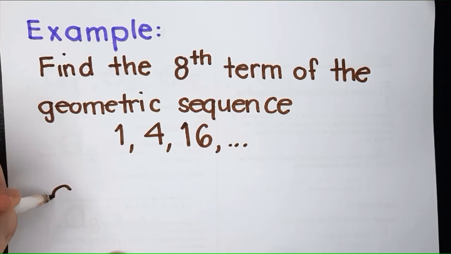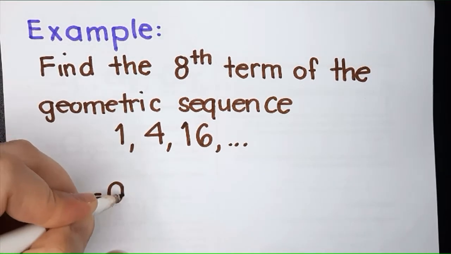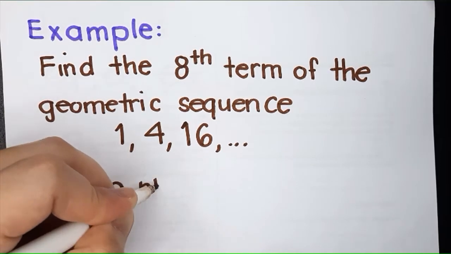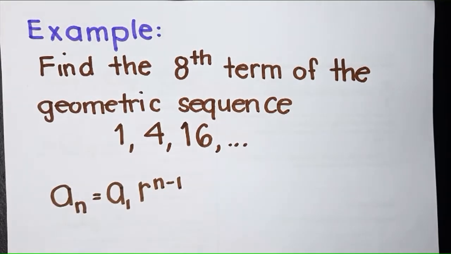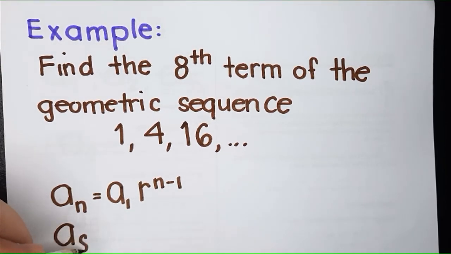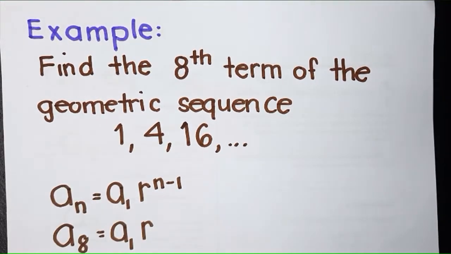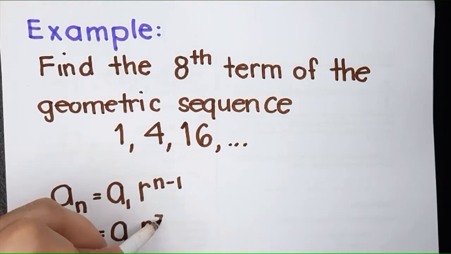What is the formula again? It is a sub n equals a sub 1 r raised to n minus 1. Right? We're looking for a sub 8. So, this one is equal to a1 r raised to n, which is 8. So, 8 minus 1, you have 7.